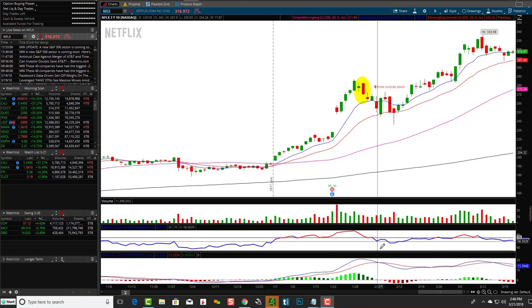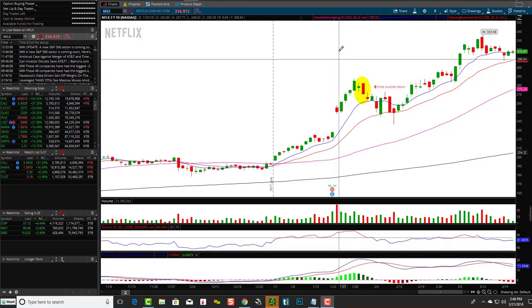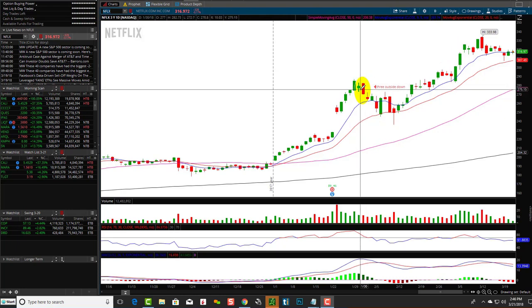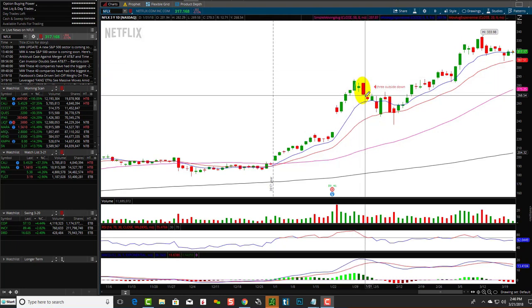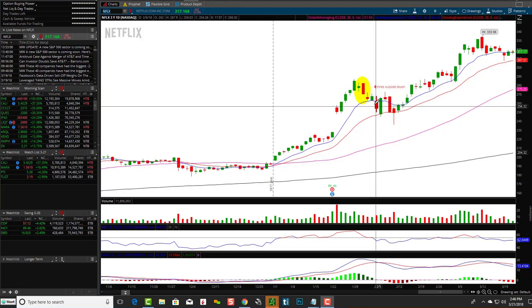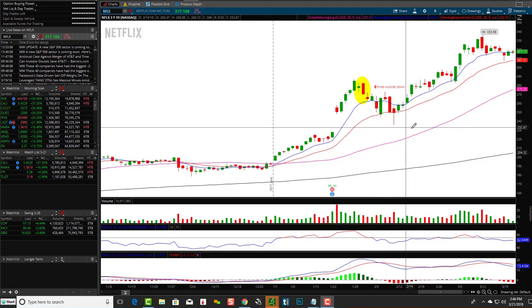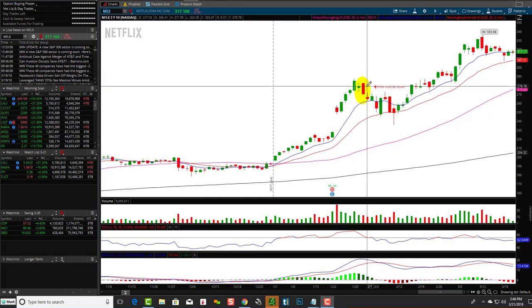Netflix right here. Price really overextended over here, wants to naturally gravitate back. Big red candlestick, kind of covering that spinning top or doji candle. Third candle closed right below, teetering around these EMAs, and then kind of bounced around, got a little crazy wacky stuff going on there. But again, reversal pattern.